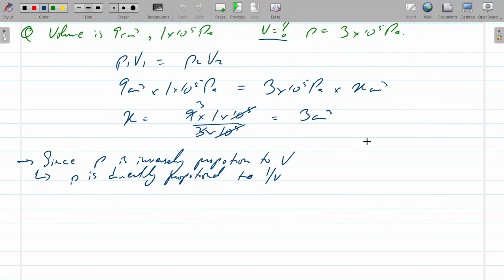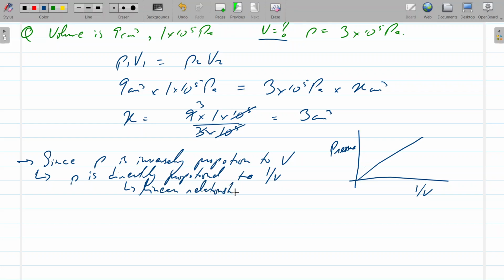But if you plot a graph of 1 over volume versus pressure, you get a straight line. And so this is a linear relationship.